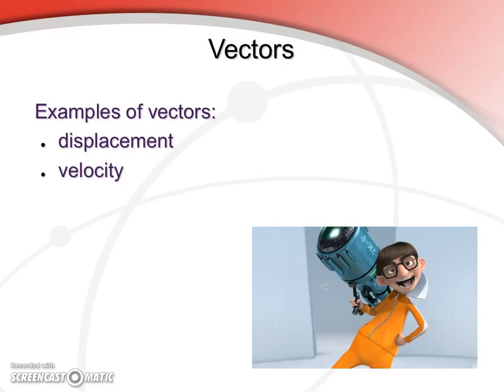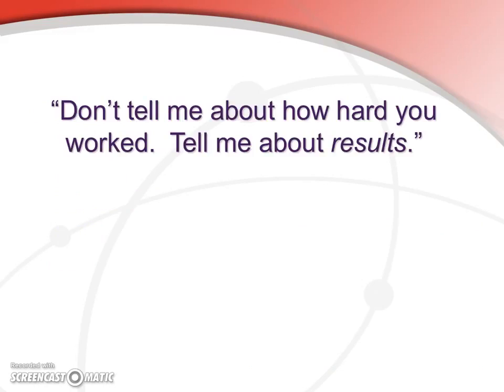Some examples of vectors. The things that we've already covered in a scalar fashion, displacement and velocity, but there are others, of course. You can probably think of some of those yourself. Acceleration, force, lots of other quantities have a direction applied to them.